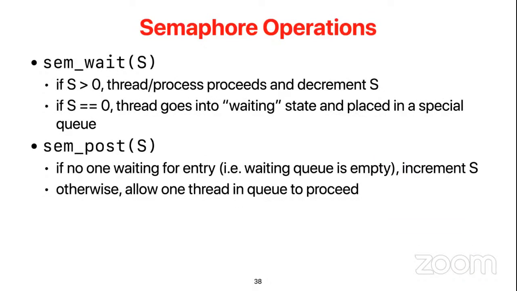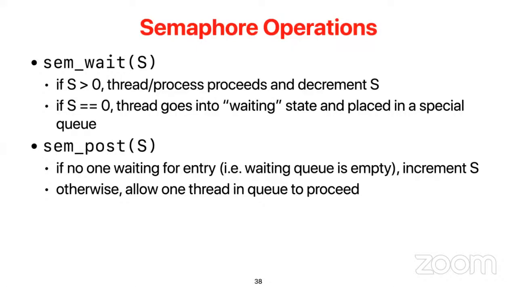So in semaphore, there are two operations. One is semaphore wait, which is somewhat similar to seeing if I can enter the critical section. When I see the semaphore value is greater than 0, meaning that the critical section is still allowing a process or thread to enter, then you can enter the critical section and decrement the value of S in the meantime.